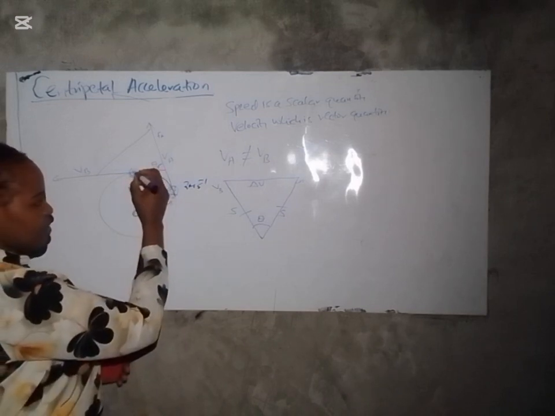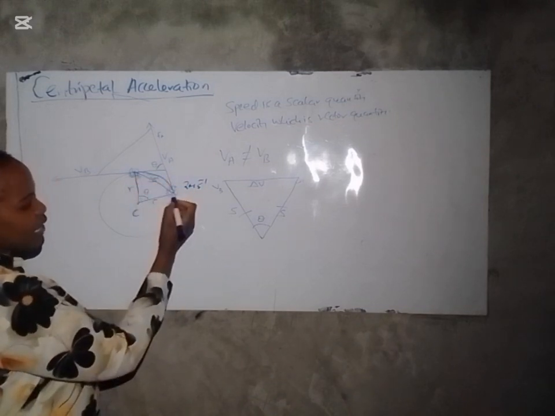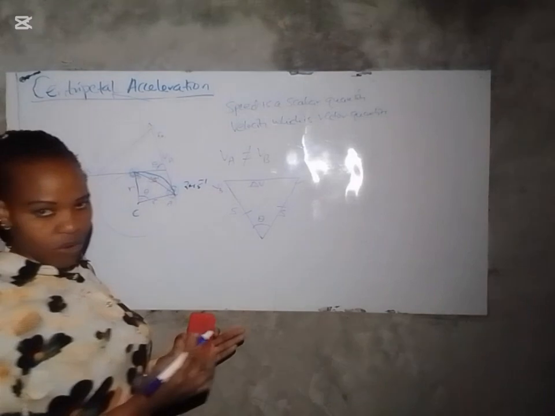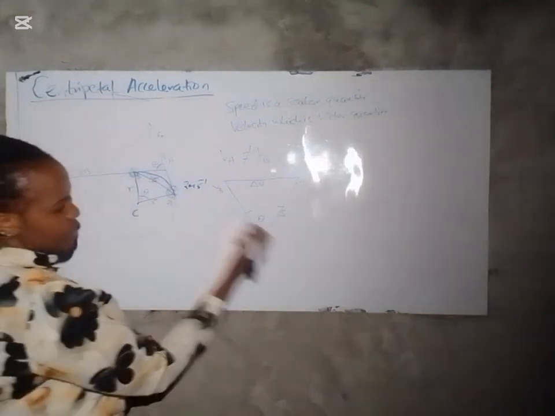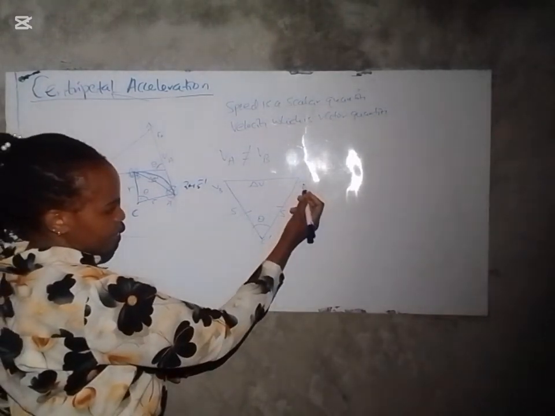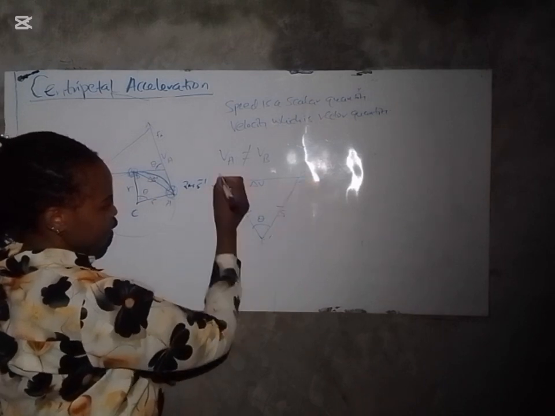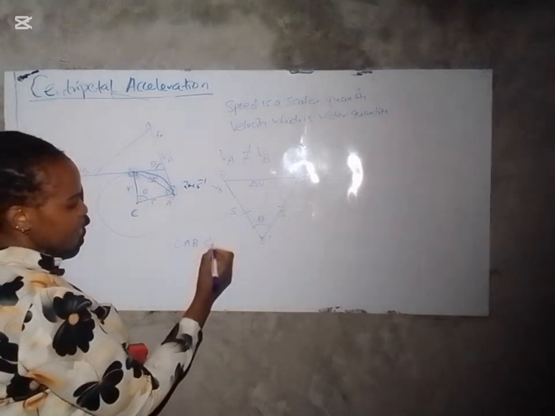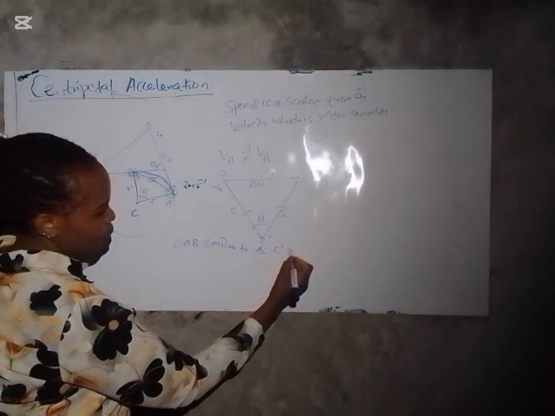Of course, you know we can draw here like that, A to B. But what I'm interested in is this: assuming there's not much difference between this arc length and that line AB, assuming the difference is very small, then we can say that this triangle CAB, and this triangle here, let me call this C prime, C prime OP, so let's say the triangle CAB is similar to the triangle C prime OP.